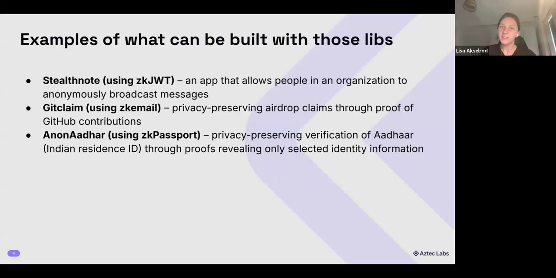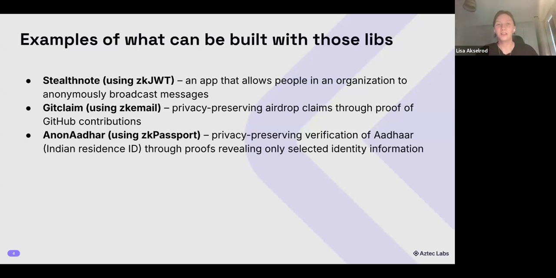Just for a taste of how these libraries can be utilized, for example, for ZK JSON Web Token, Salil built Stealth Node, an app that allows people in an organization to anonymously broadcast messages. So for example, it will be like a forum where you see that someone from Aztec posted a message.